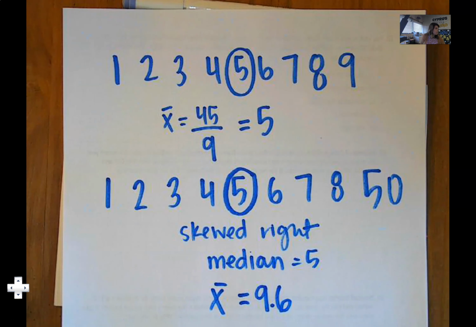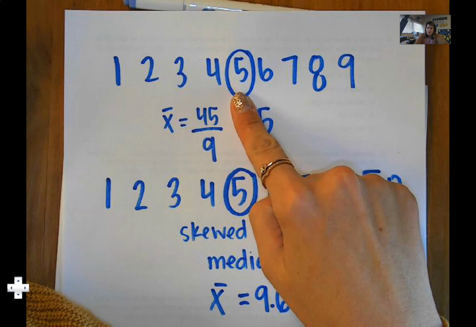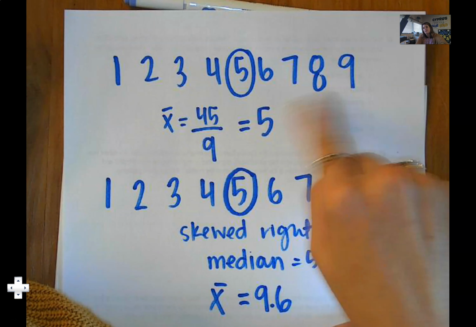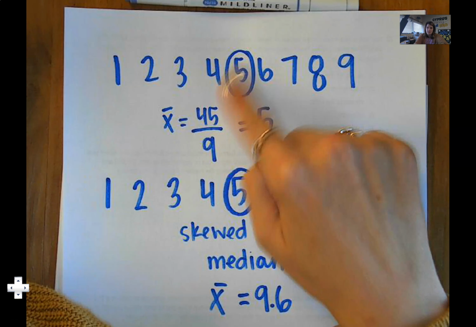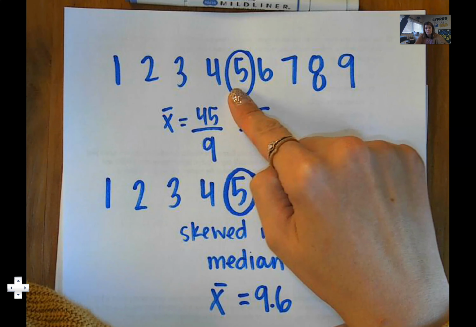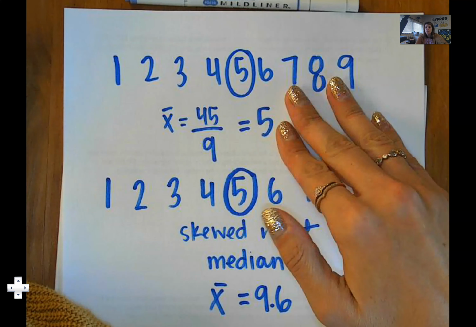So let's talk about what this means. In the original data set, the typical observation is 5. There are some values below it and some values above it, but typically our observations are around 5. Our average is also 5. There is no skew here.